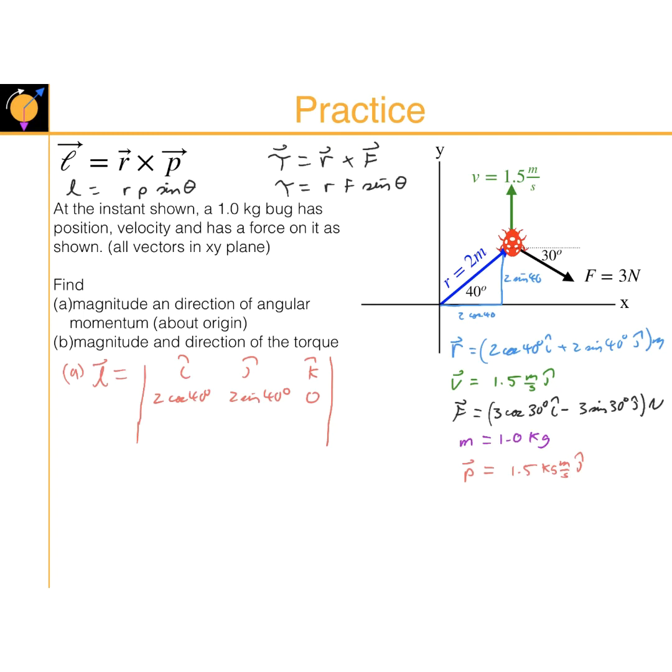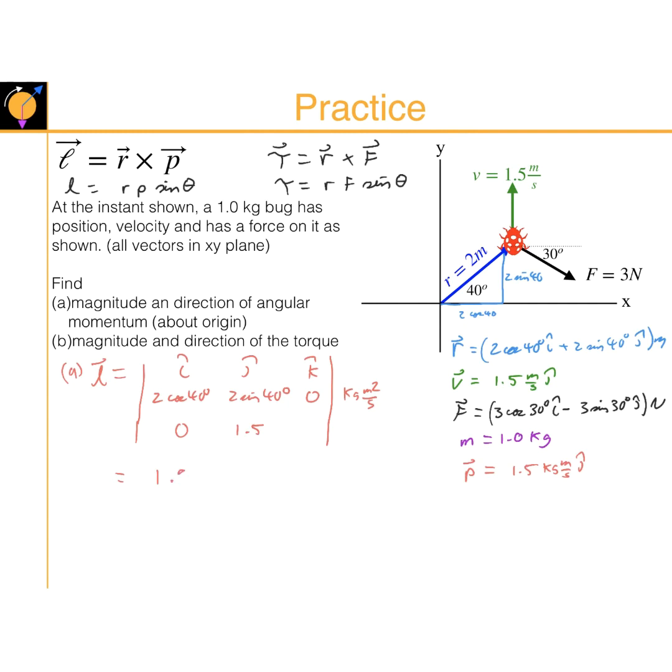And then it's all the components of the momentum. And that's pointed just in the j direction. So it's going to be 1.5 here, and this all works out to kilogram meters squared per second. And when you work everything out, you get about 1 point, let's do an extra sig fig for now, extra sig figs, kilogram meters squared per second in the k hat direction.